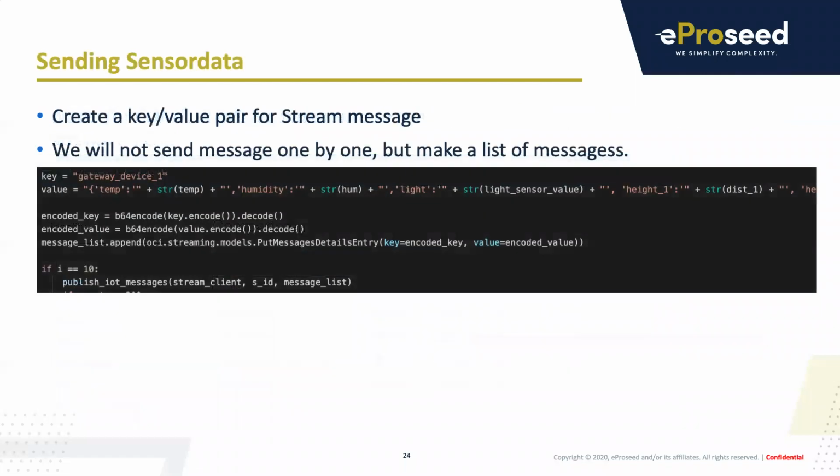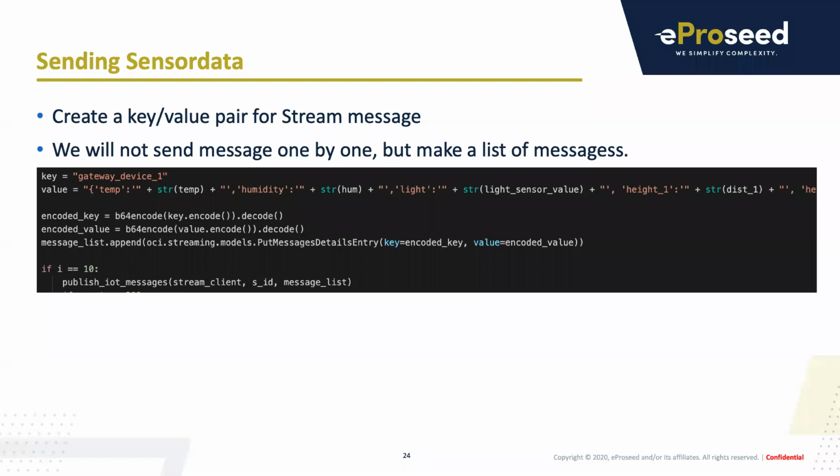So when we have that, we simply create a string that contains all the information that is needed. So the key that I use for the stream message is actually the identification of my device, and then the value for that message contains all the information that I want to send as a simple string.